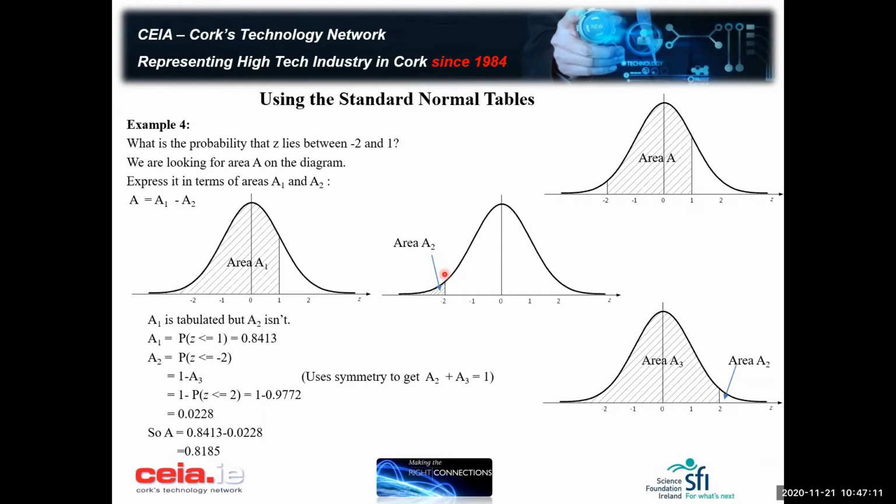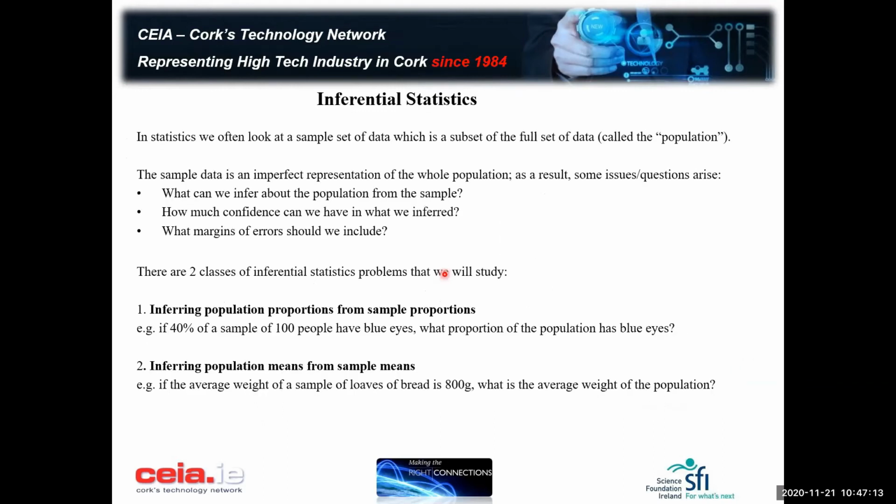Right. Let's move on. We look at applications of the standard normal, and in the course, most of the exam questions will be either on direct application of the standard normal or on inferential statistics using the normal distribution.